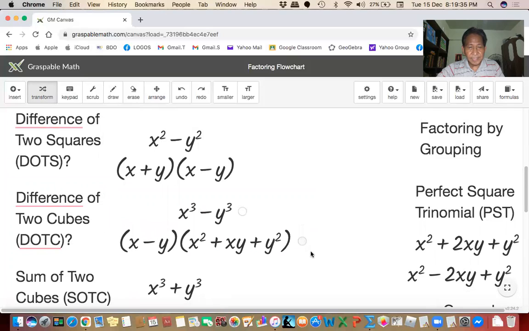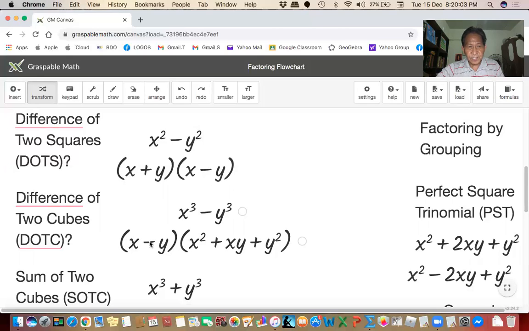Let's look at the original, x cubed minus y cubed. And the factors are one binomial and one trinomial. The sign of the binomial follows the sign of the original problem. If this is minus, then this must be minus, as you'll see later when we do the sum of 2 cubes. And then the trinomial is derived this way.